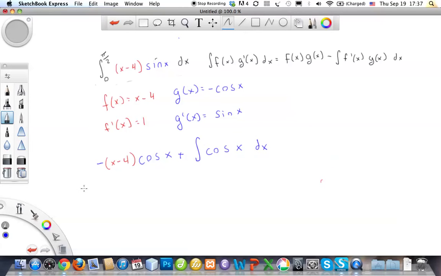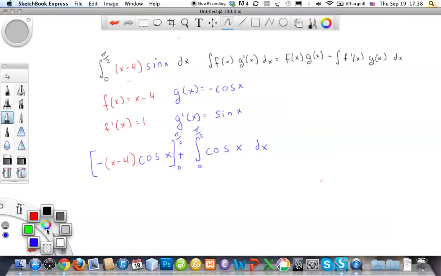Okay, and now we want to evaluate all this from 0 to pi over 2, and same with this, 0 to pi over 2. I'm not going to change our limits of integration here because we're integrating down again.